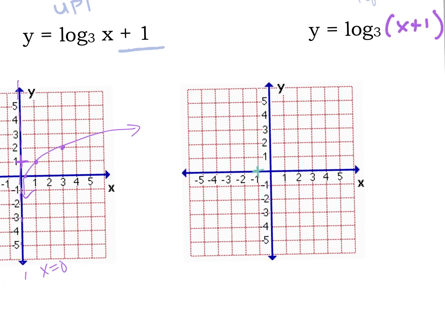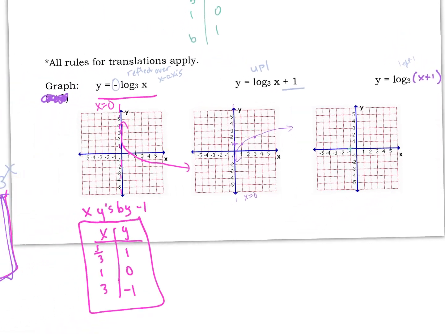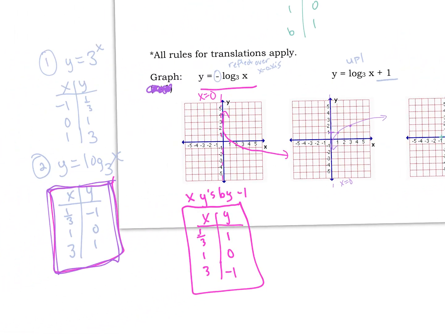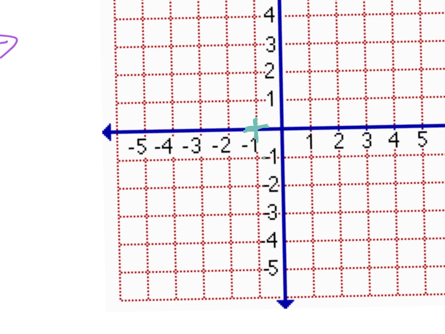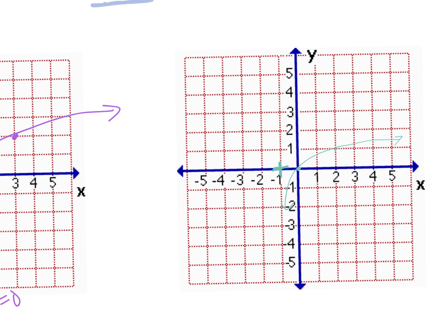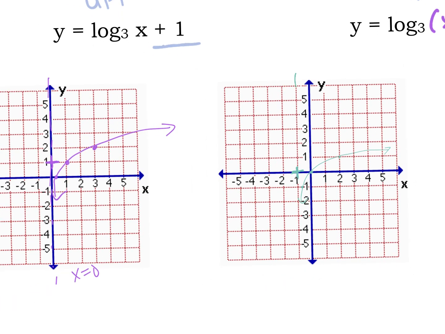So from that new location, we're going to graph these same points over here. So we're going to use these points still. And so from our new spot, we're going to go right 1/3 and down 1, right 1, and then 1, 2, 3, up 1. And we have a new asymptote here, don't we? At x equals -1.